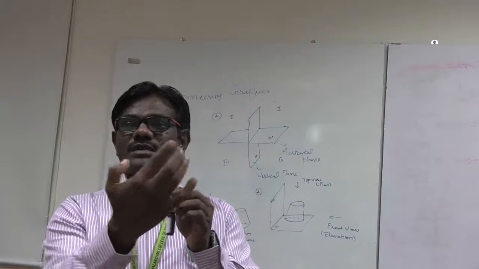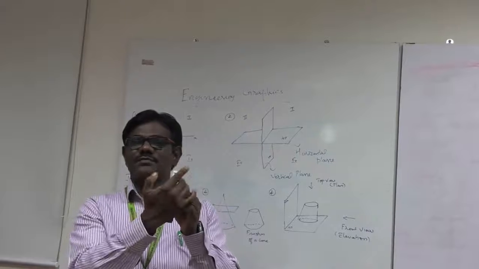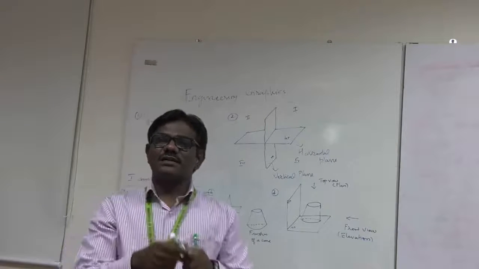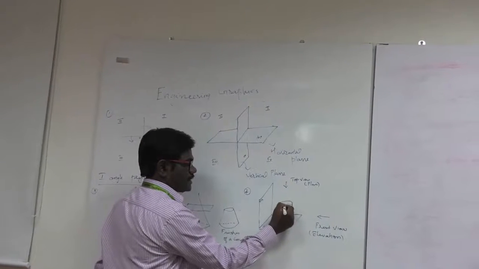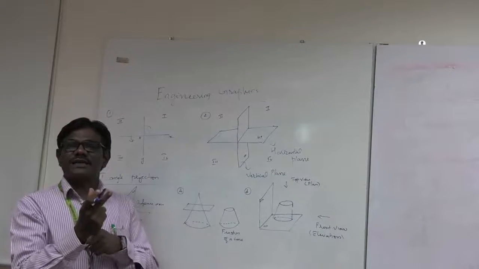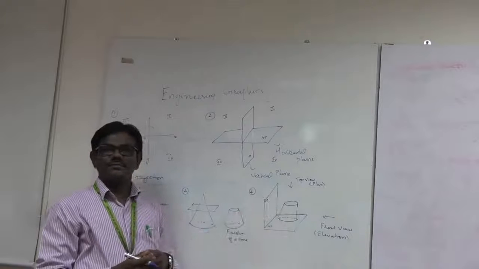But when you look from long distance, you cannot see the circular shape. Instead, you'll get a straight line. Like that, here also, this curve will be seen as a straight line. Maybe the length of the straight line will be the diameter of the circle.